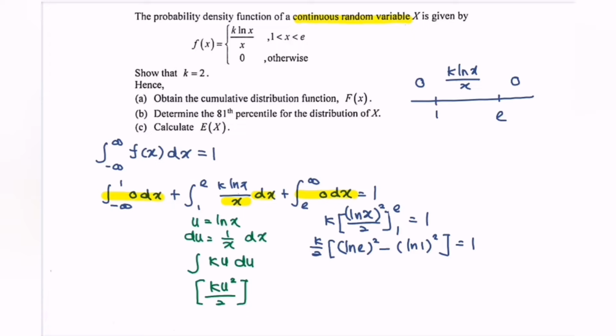Simplifying, k over 2 times (ln e, which is equal to 1, minus ln 1, which is 0). Finally, we have k over 2 equal to 1. Cross multiply the 2, so we will have k equal to 2, and we have shown the result.